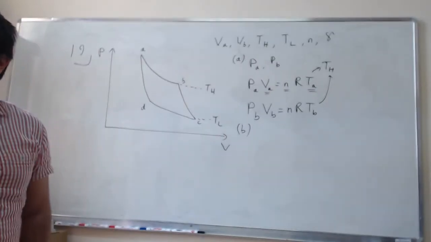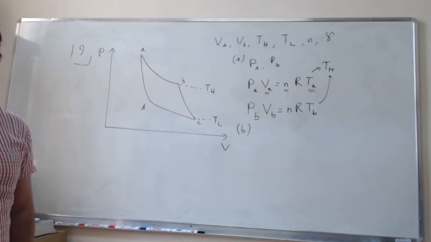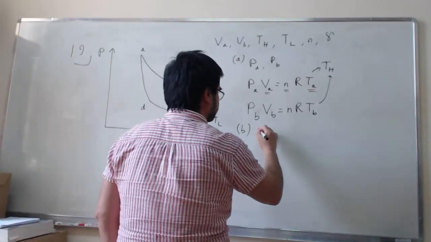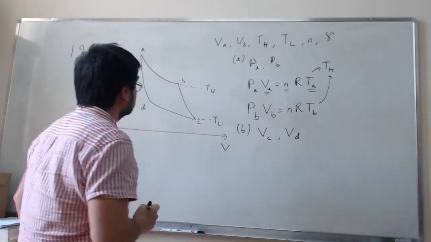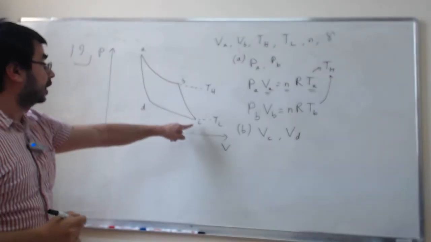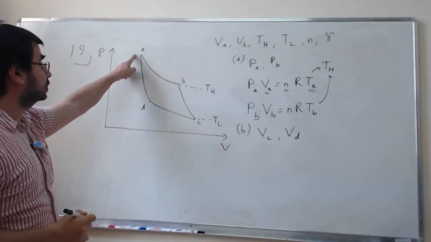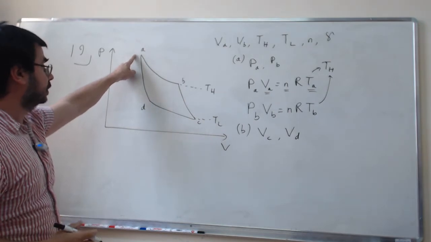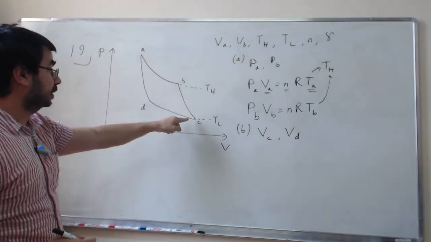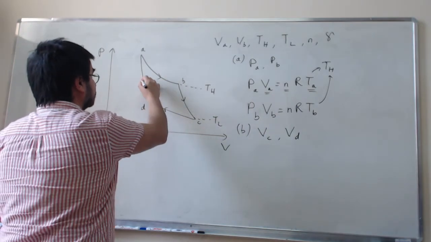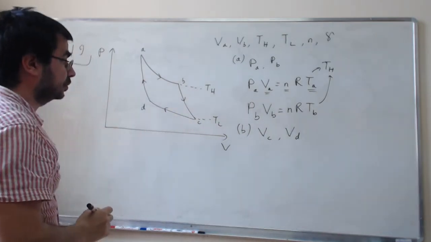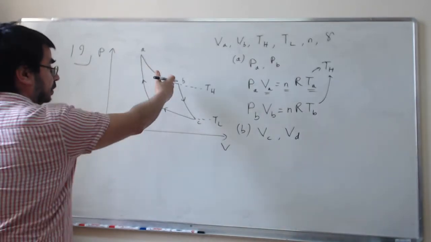For part B, the volumes at C and D, so VC and VD. Now these 2 points are connected to the 2 points about which we know everything by adiabatic expansion or contraction curves. So one thing that we can readily do is to write the adiabatic relation over these curves.